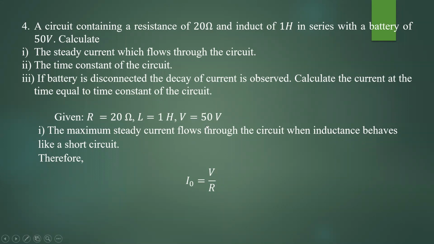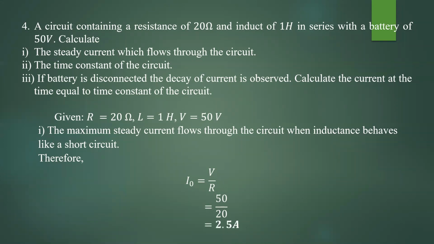It is given 50 volt. What is the value of resistance? It is 20 ohm. Substitute, it will be 50 by 20. What will be the value of maximum current then? It is 2.5 ampere.